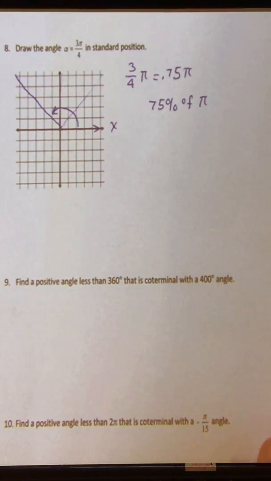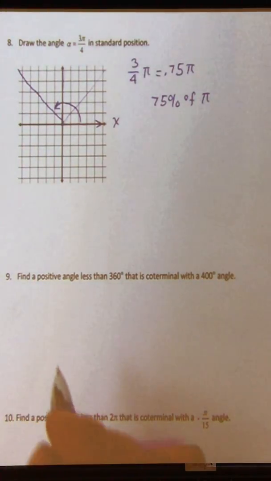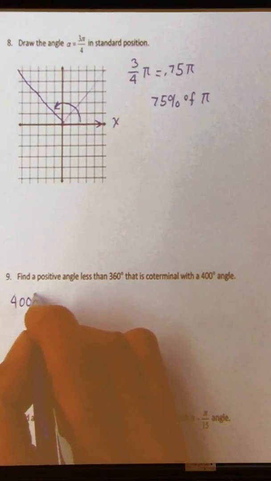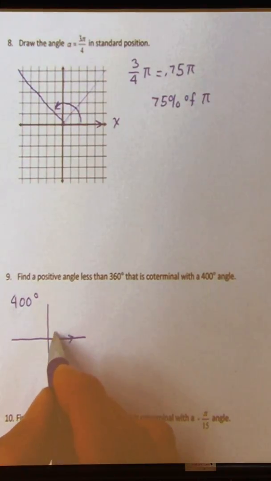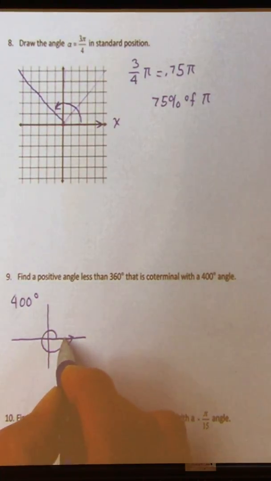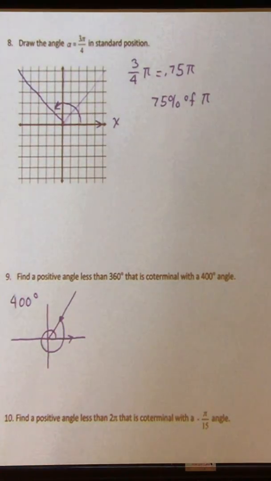Problem number 9. Find a positive angle less than 360 degrees that is coterminal with a 400-degree angle. Coterminal means sharing the same terminus. So we start in the same position and we end in the same position, except differ by perhaps a full rotation. Let's first draw the given angle of 400 degrees. Again, start on the positive x-axis. This would represent 360, and then we have to go an additional amount right here, and that is the large angle of 400 degrees.